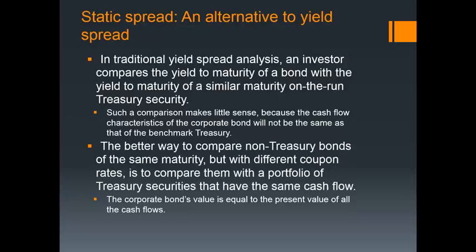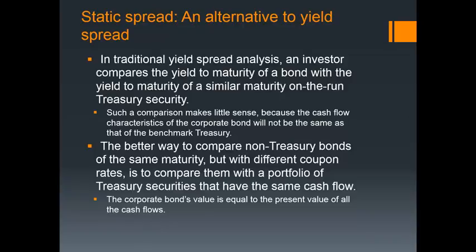What we're going to do is compare the corporate bond with the treasury. But instead of simply comparing the yields to maturity, we're going to first look at the treasuries as a portfolio of zero coupon bonds. In other words, we're going to use the spot rate curve.